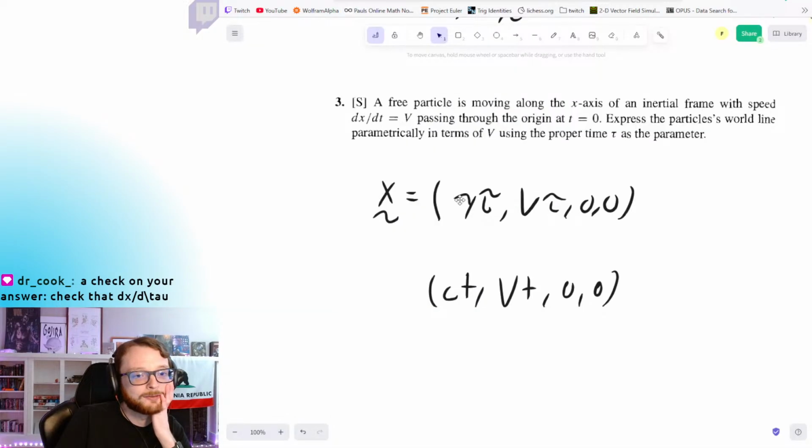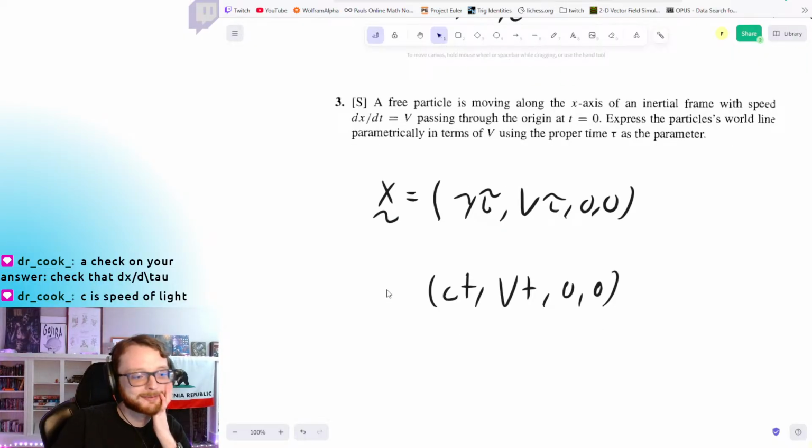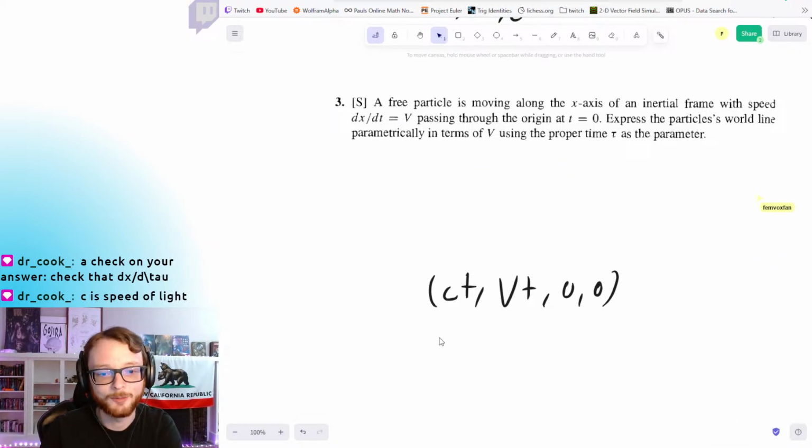See, speed of light? Really? Why would that be there? Let's get rid of that. Get rid of that.